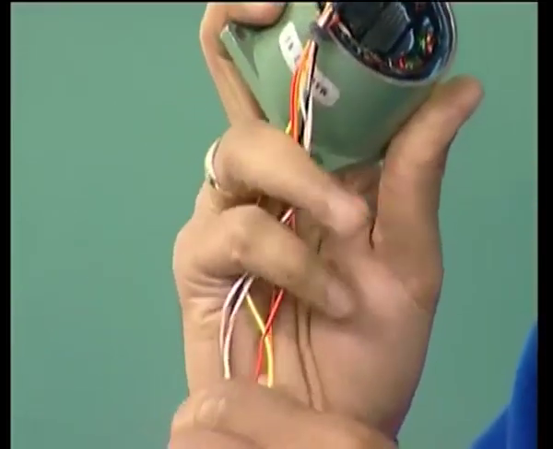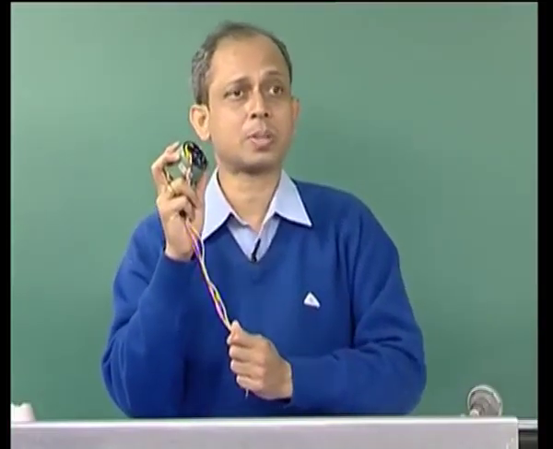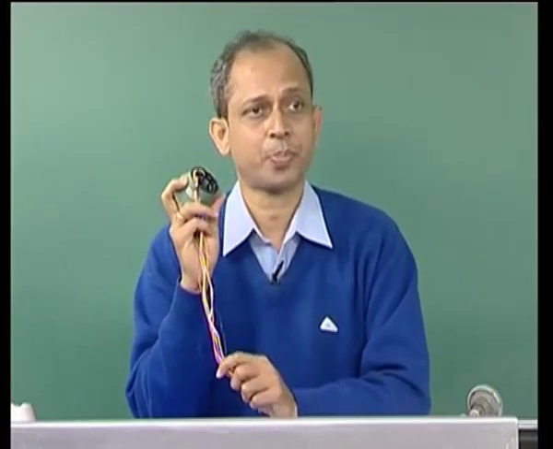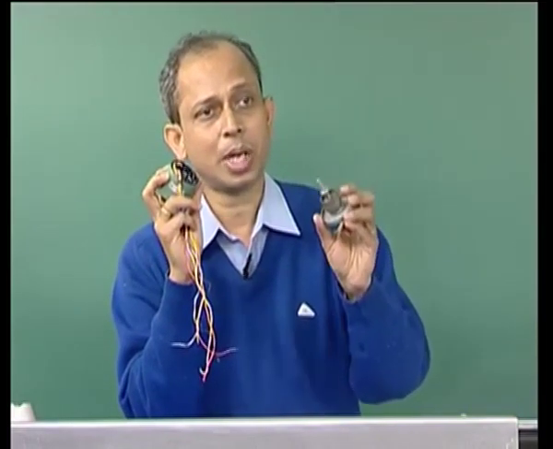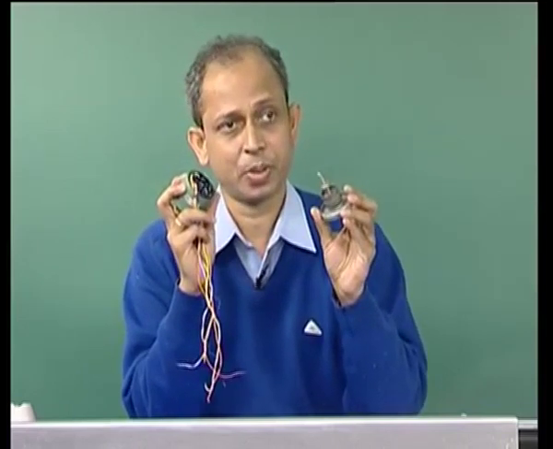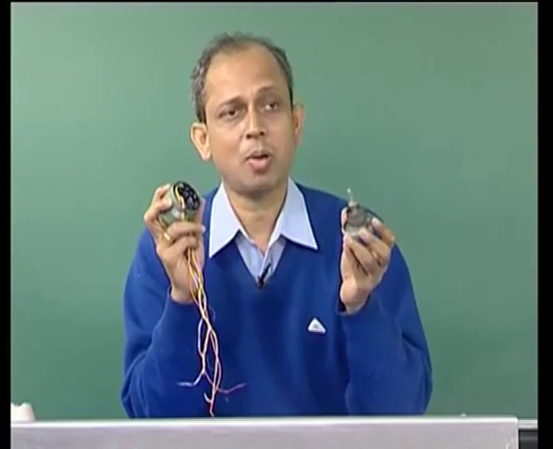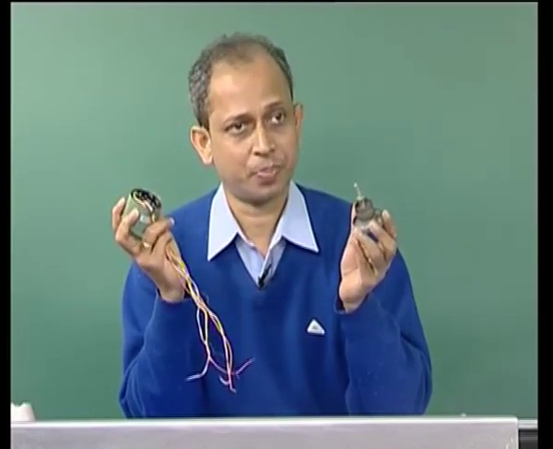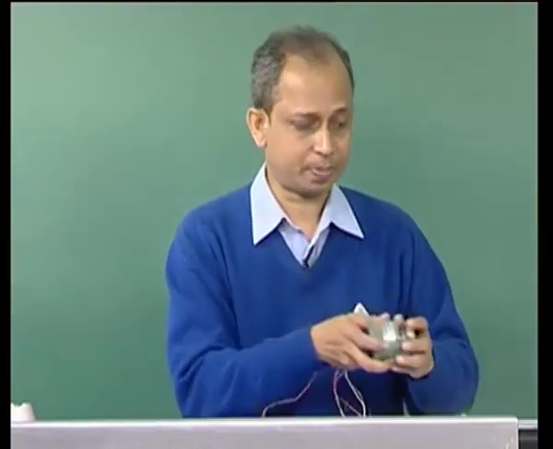Here the torque is produced by two means: by the variation of reluctance, as we have seen in the case of a variable reluctance type stepper motor, and also due to the permanent magnet rotor. Hence the torque is better here. Torque is produced both by permanent magnet and by variable reluctance, and hence this is called a hybrid stepper motor. So, we will be discussing the hybrid stepper motor.